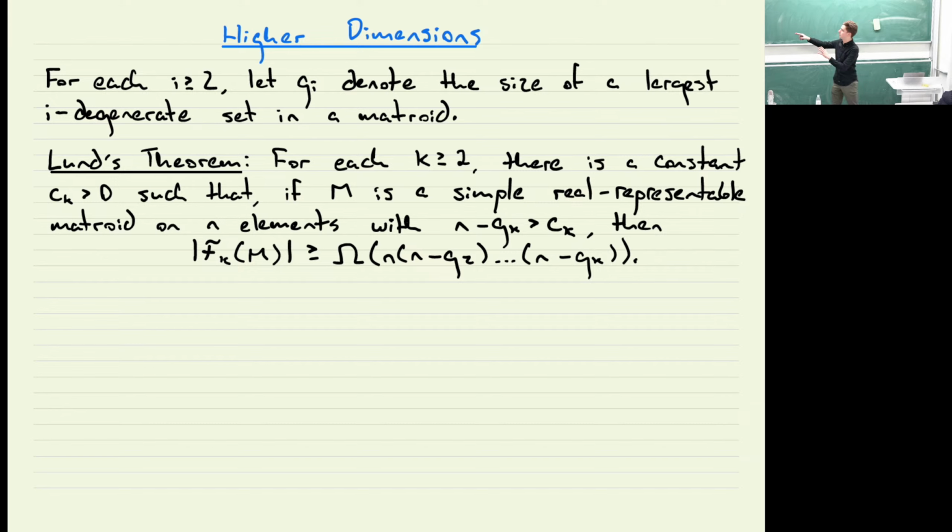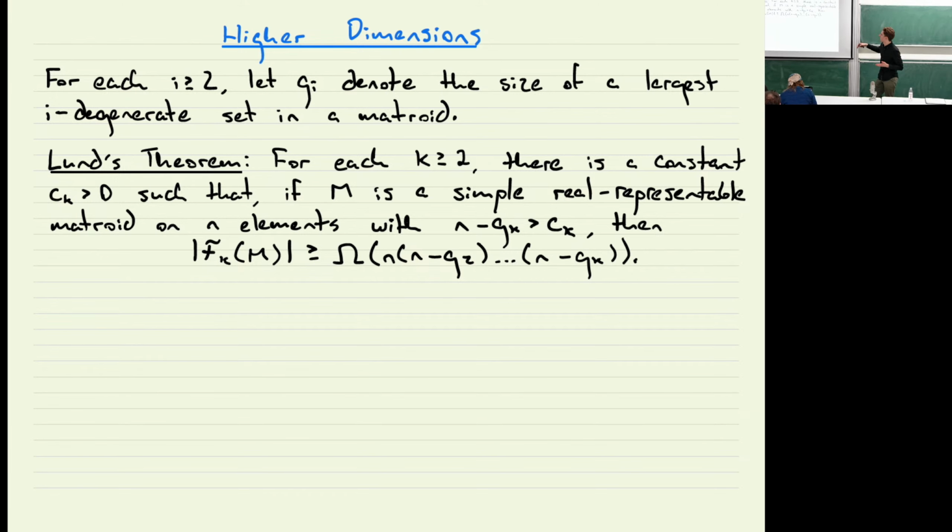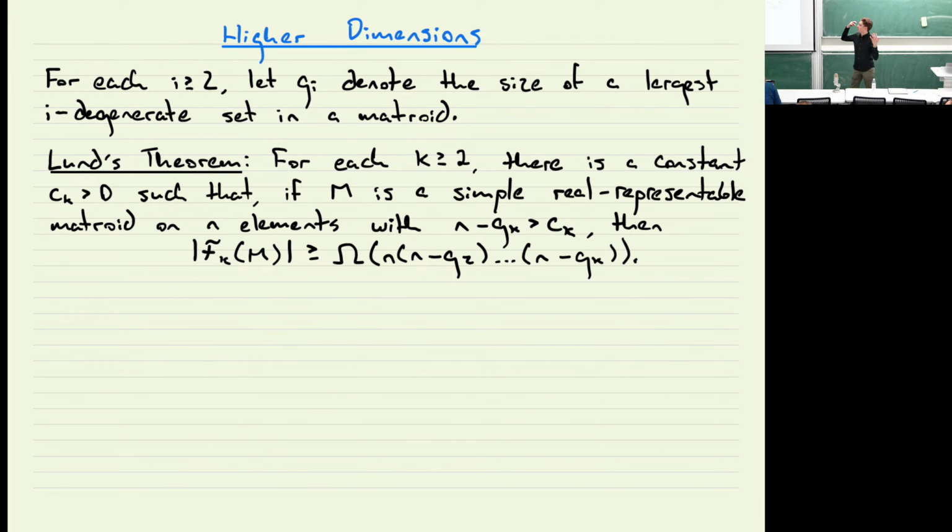This estimation generalizes the kinds of things we've seen before, where you've got n times n minus the size of a largest 2-degenerate set, and so on.